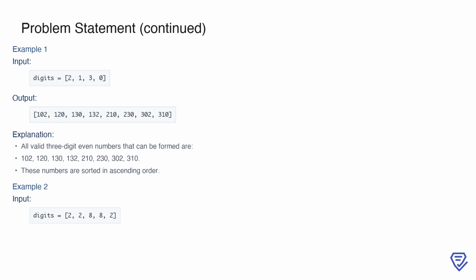Suppose the input array is digits equals 2, 1, 3, 0. From these digits, we can form a variety of three-digit even numbers, but we must filter out any invalid ones. For instance, numbers that start with 0, such as 023, are not allowed. Similarly, numbers ending with an odd digit, like 311, are also invalid.